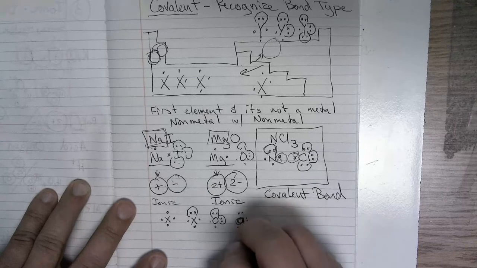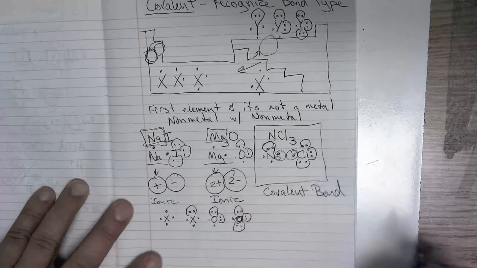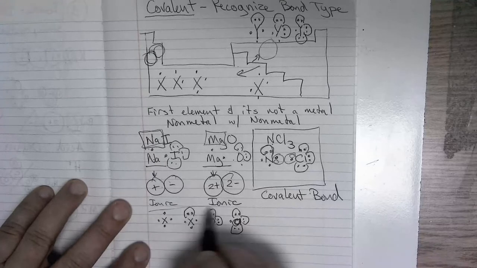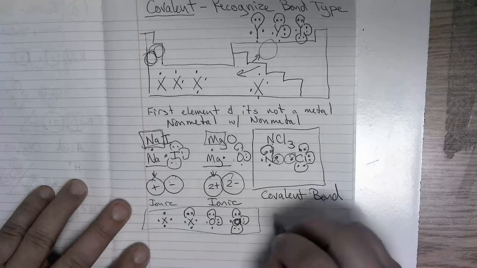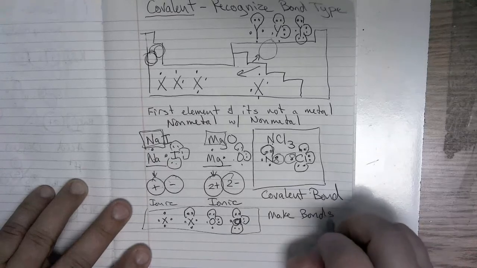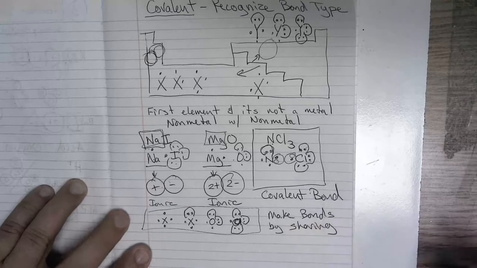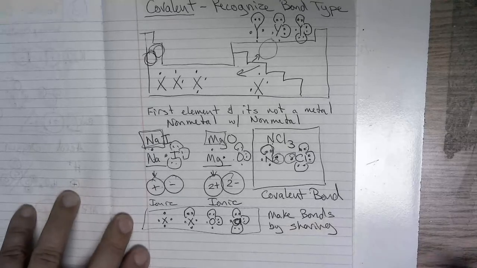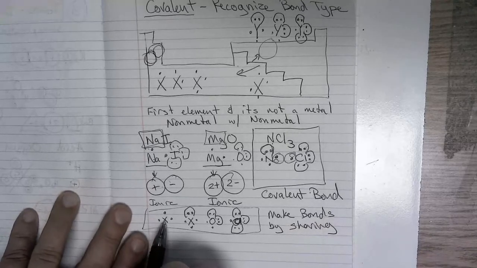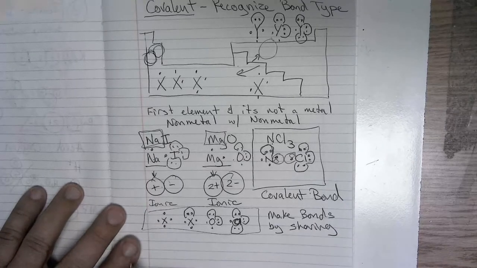Cl, with 3 lone pairs and a single dot. And all 4 of these are going to make bonds by sharing. Okay? So we notice that if there are 4 dots, you need to make 4 bonds.